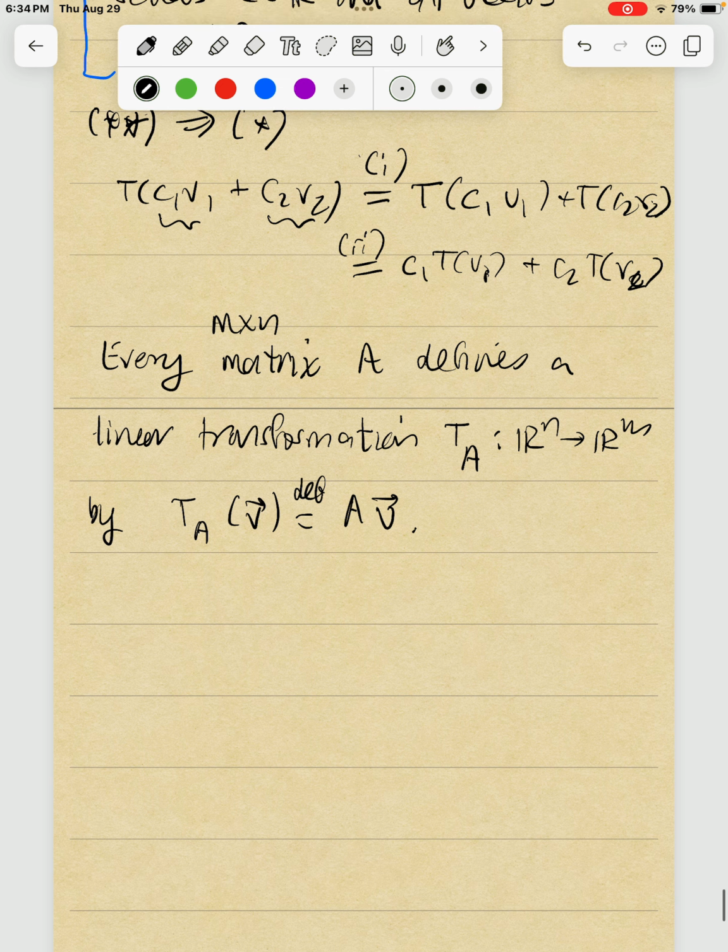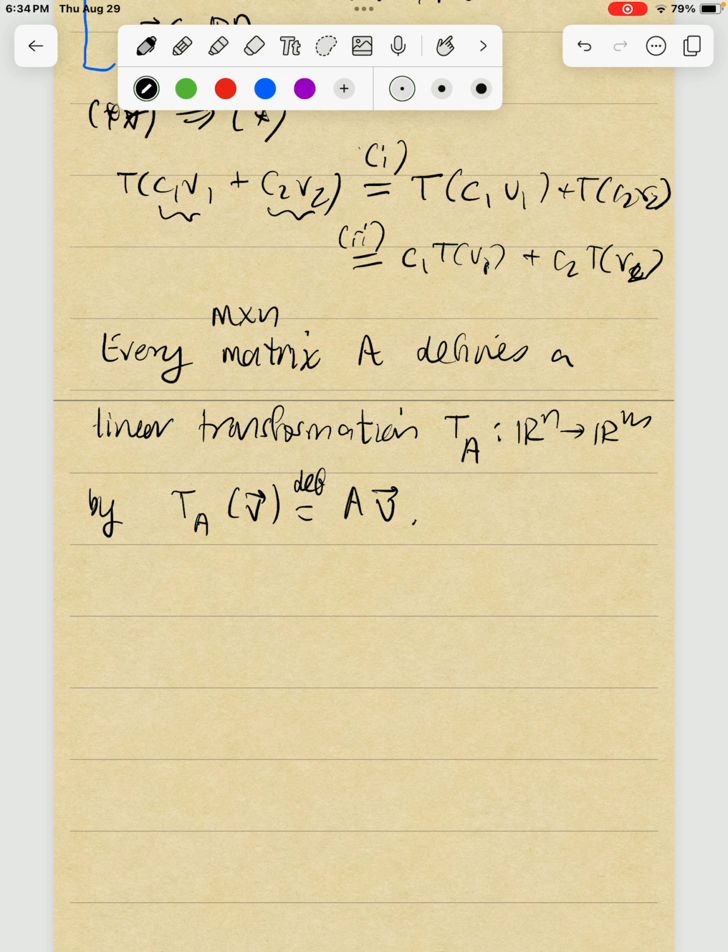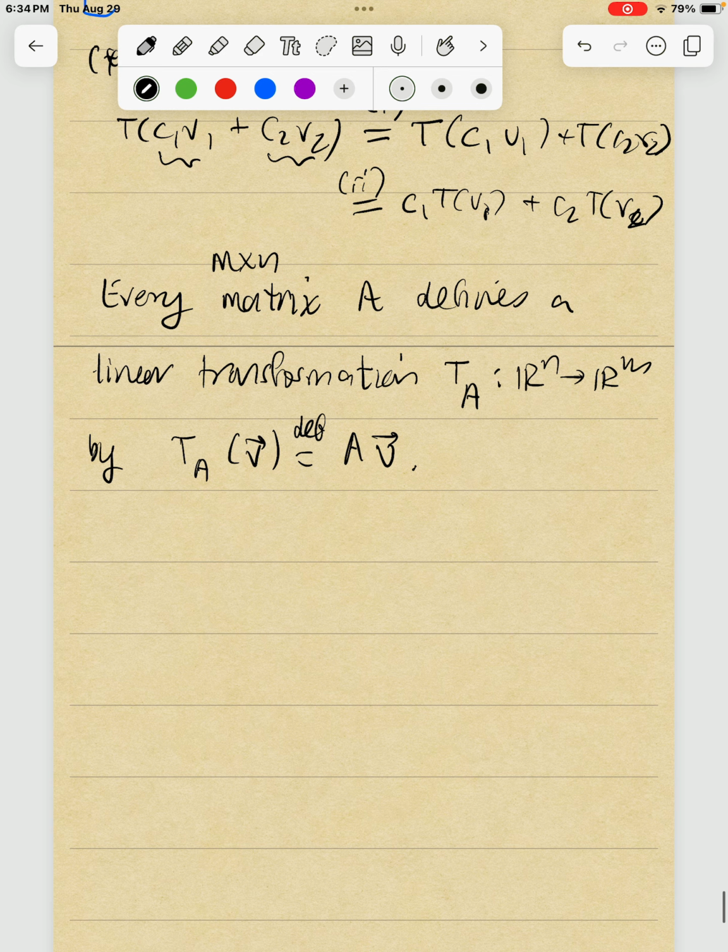If you multiply A by a vector v, you get some vector in Rm, and the linearity property that you need to check is just the property of matrix multiplication.